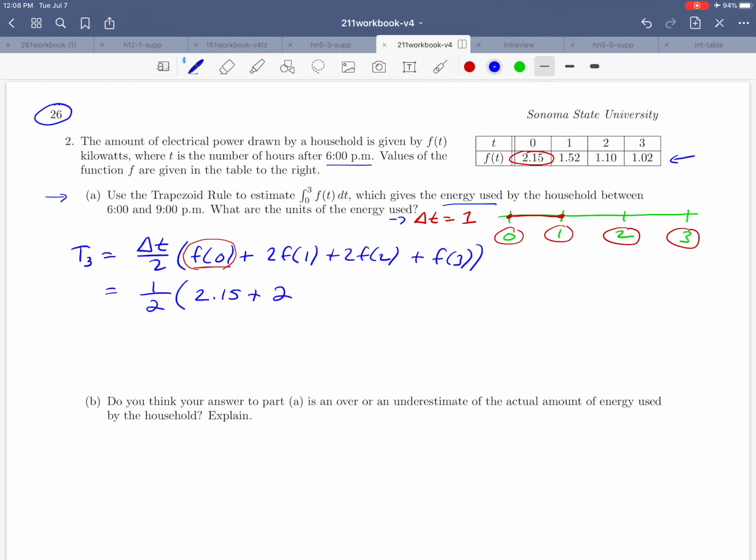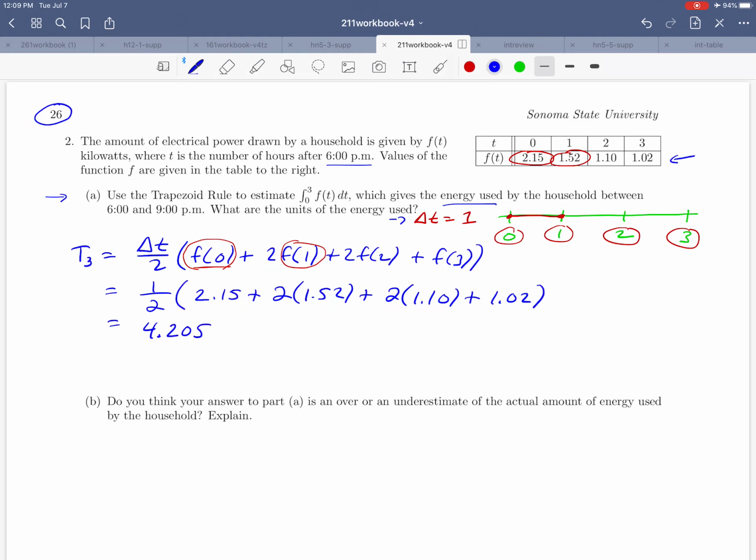And then we move on to f of 1. That's also in our table. That's sitting here. That's 1.52. And we just keep going. F of 2 is 1.10, and then finally f of 3 is 1.02. And once we're here, it's just a matter of adding that up. So going to your calculator, what you should come up with there is 4.205.